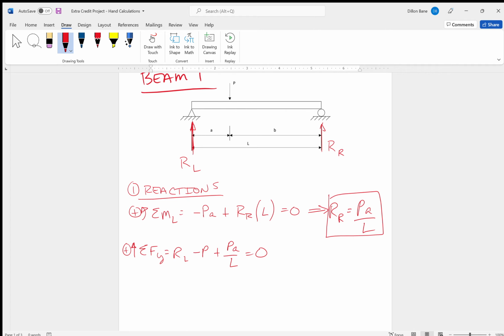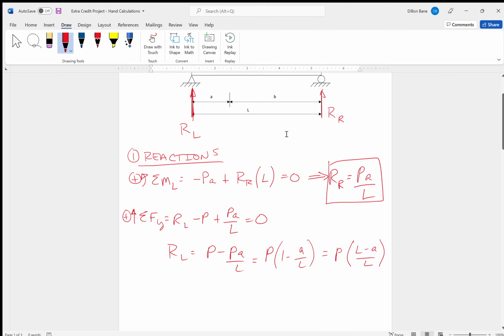And what we find then is that reaction left is equal to P minus PA over L, which is equal to P times 1 minus A over L. If you combine that together, we get P times L minus A over L, and L minus A just equals B, right?